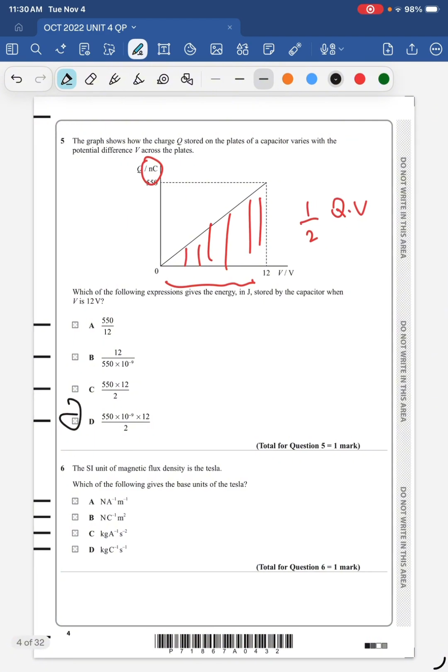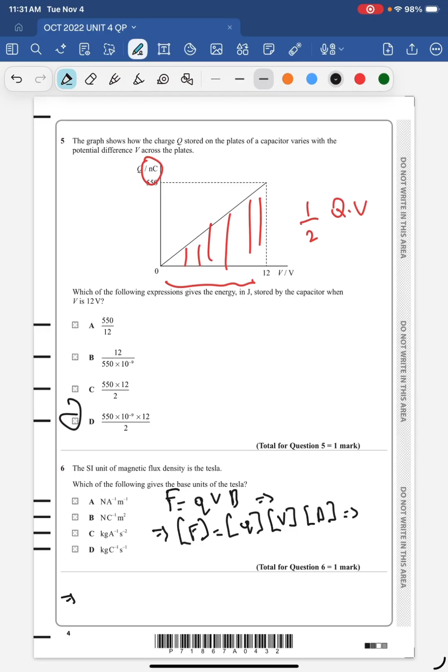The force on a charged particle moving with velocity v inside a magnetic field is given by QVB. Remember those square brackets I like to use whenever I work with the dimensions or the units of a quantity. We can use them here and solve for B.